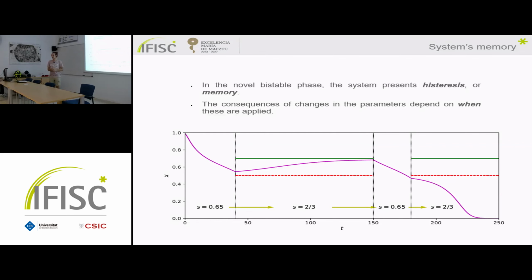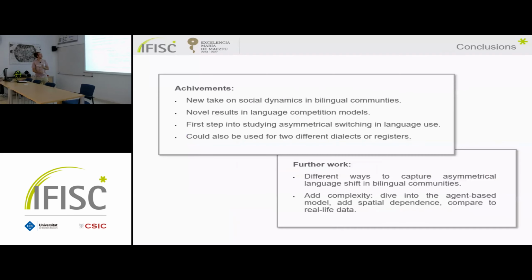So to summarize, I have proposed a new take on social dynamics in bilingual communities with novel results in regards to language competition models, which can be a first step into studying this asymmetrical switching in language use.